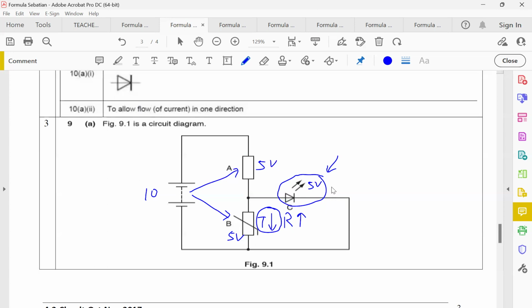Okay, everyone, understand? Which part? Say until understand. Which, the distribution of voltage? So right now the scenario is the temperature decreases. When the temperature decreases, the resistance is going to increase.